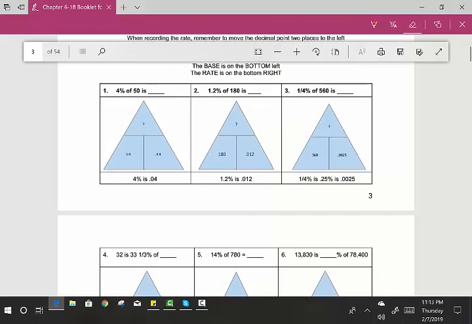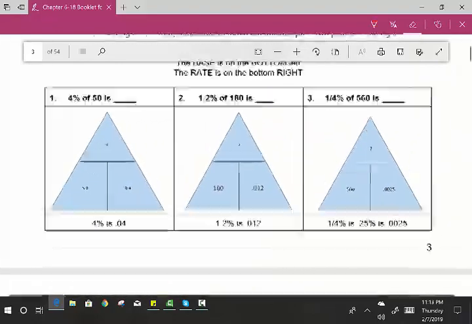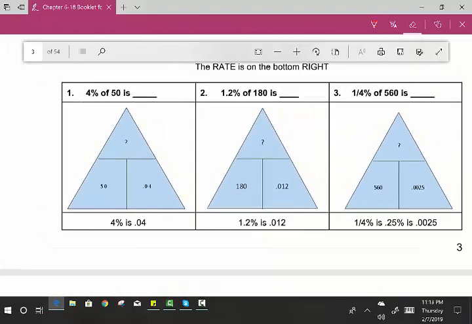Okay, here are some problems that we'll work with. I'll blow it up a little bit to give it a little bit more space. We're going to identify each of the 3 components in each one of these questions. 4% of 50 is some number. It's easiest to identify the rate because there's a percent sign next to it. So here's the rate.